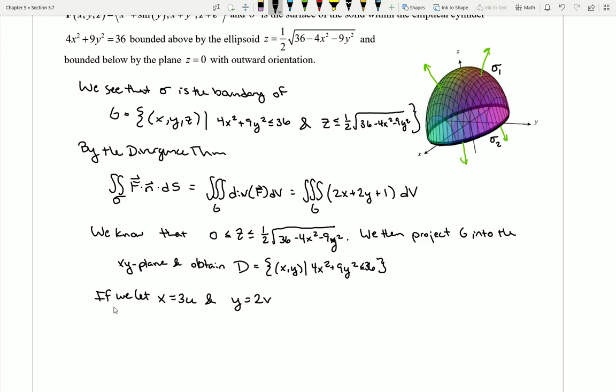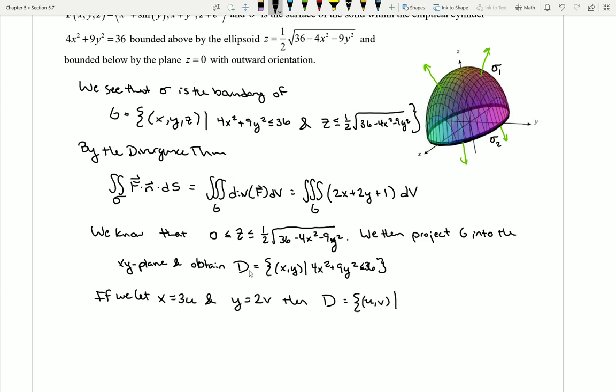Sorry, I was trying to figure out the best way to say that. If I let these two things be equal to these values, then I can see that D would become a region that I could define in terms of u's and v's.